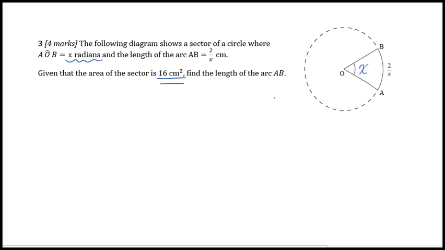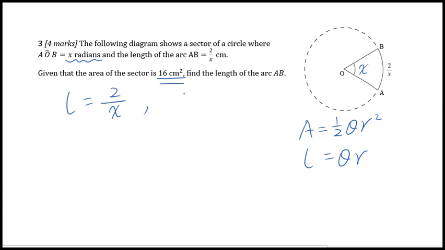This is x. We know the sector area formula equals 1/2 theta r squared, and the arc length equals theta times r. So we know L equals 2 over x, and we can write this arc length as theta times r.